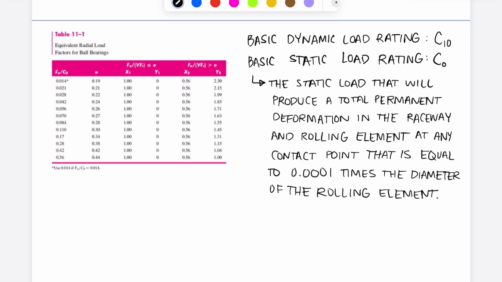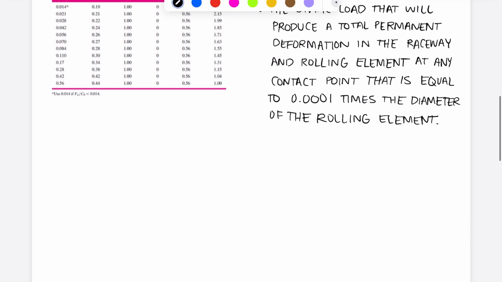Before we finish up here today, just some notes on exceptions to the rules that we've outlined here. For self-aligning bearings, V is going to be equal to 1, no matter whether the inner or outer ring rotates.